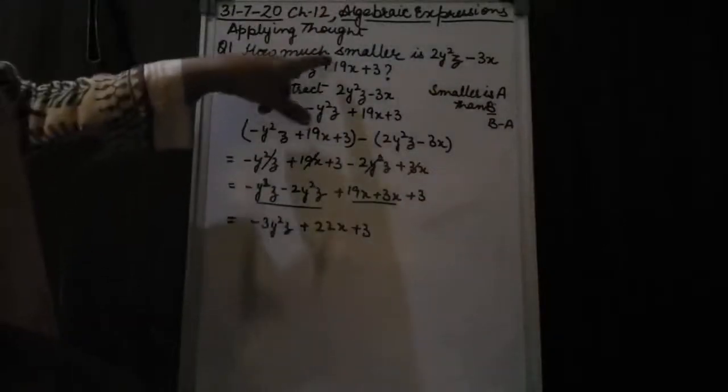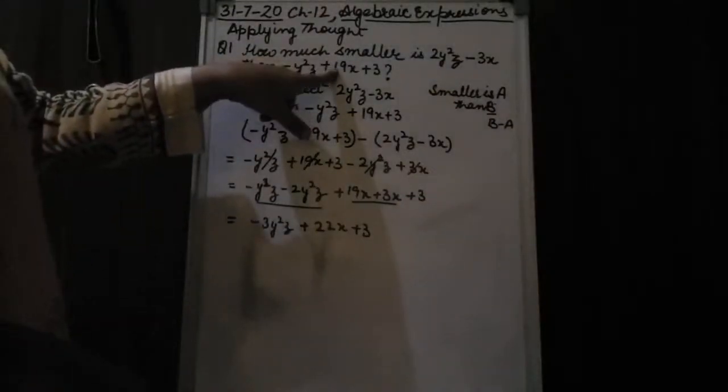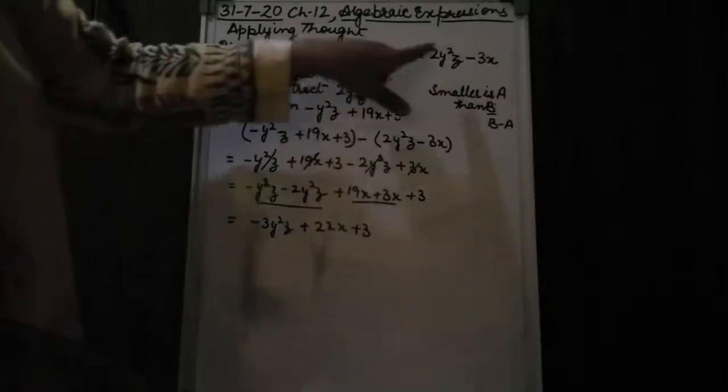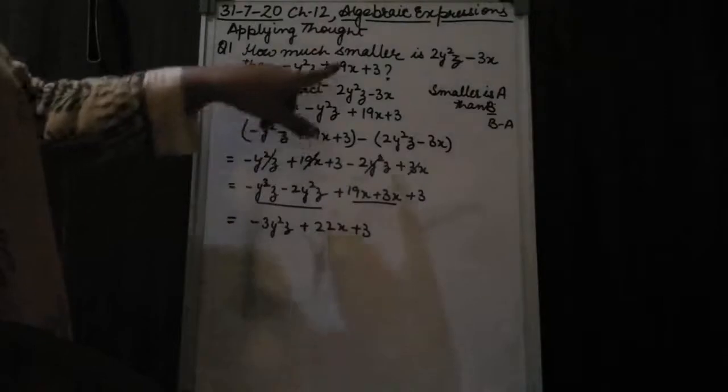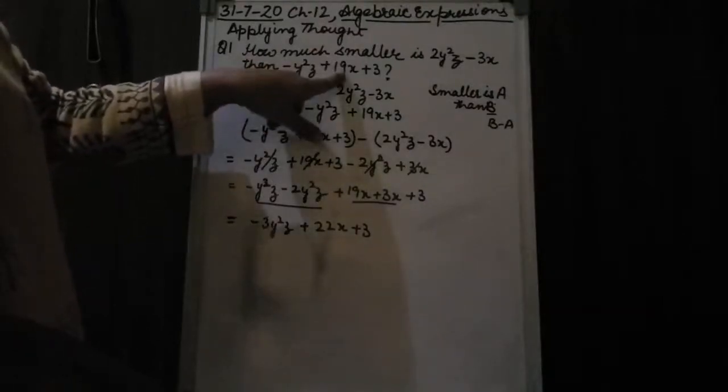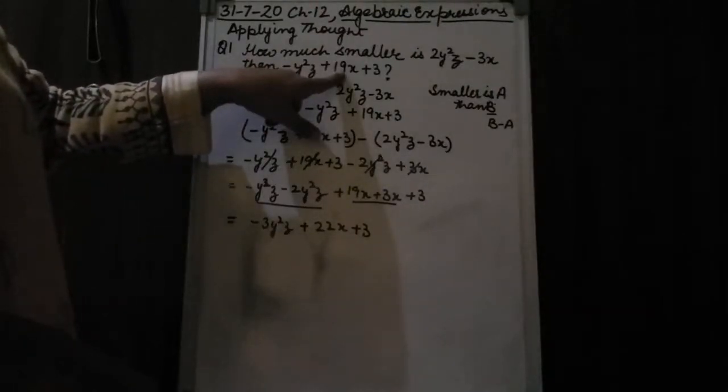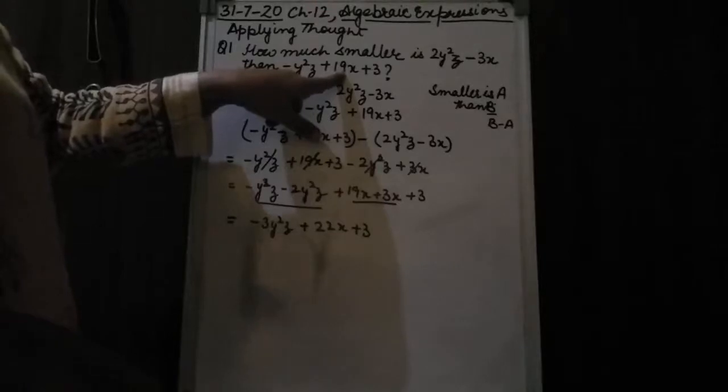So this expression is this much smaller than this one. Expression A is this much smaller than your expression B. In this manner you are going to solve.